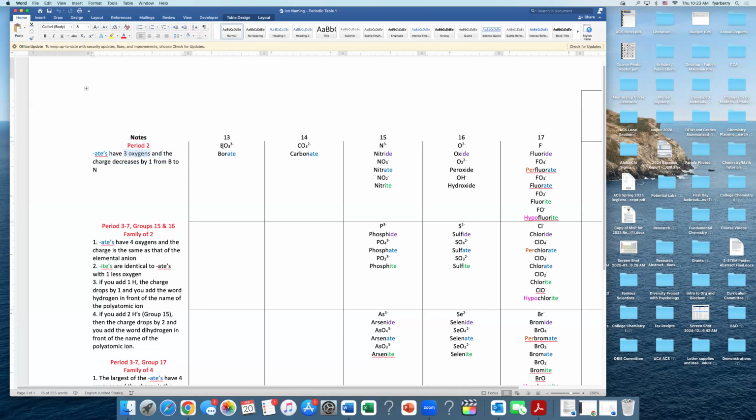So borate is BO3, carbonate is CO3, nitrate is NO3. Now ignore group 17 at this point, because group 17 is unique. But for the most part, if it ends in ATE and it's in period 2, it's got 3 oxygens.